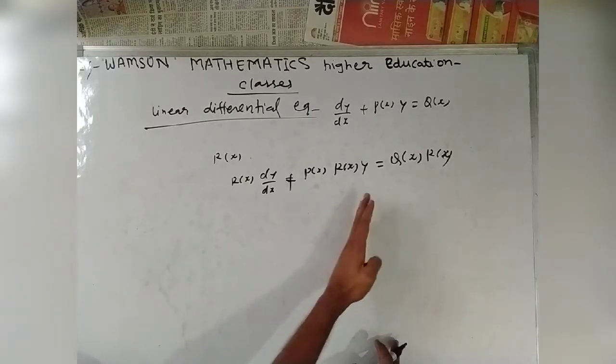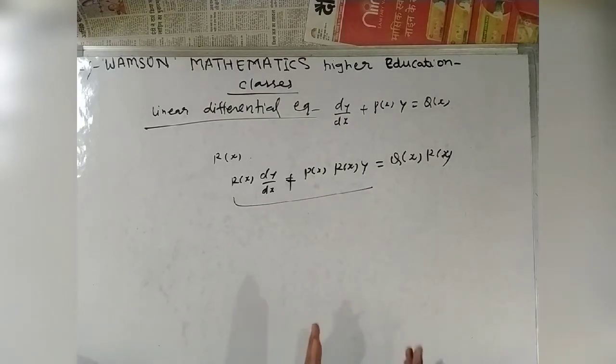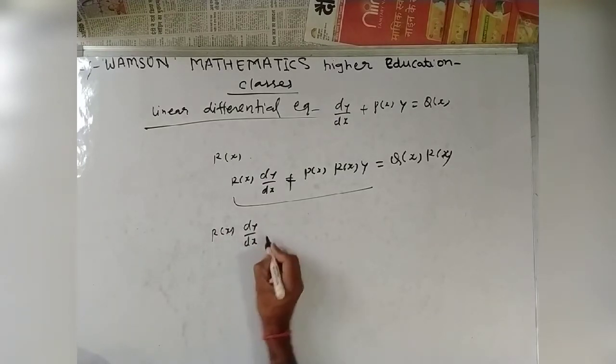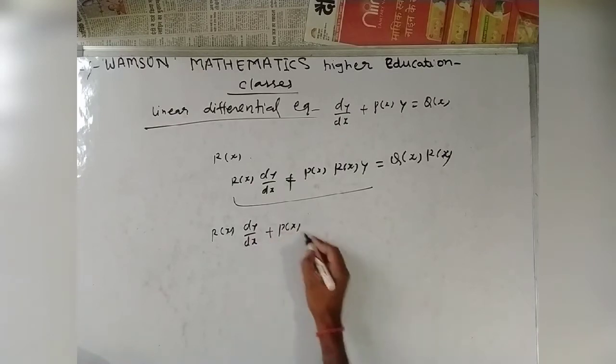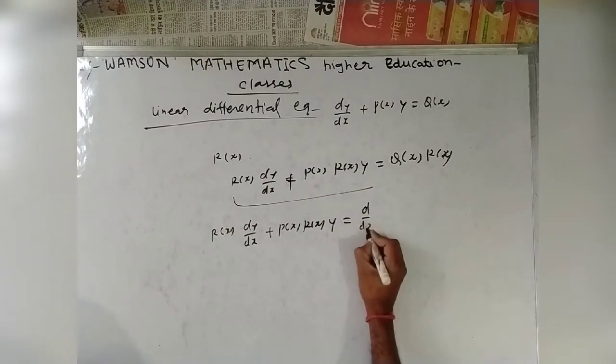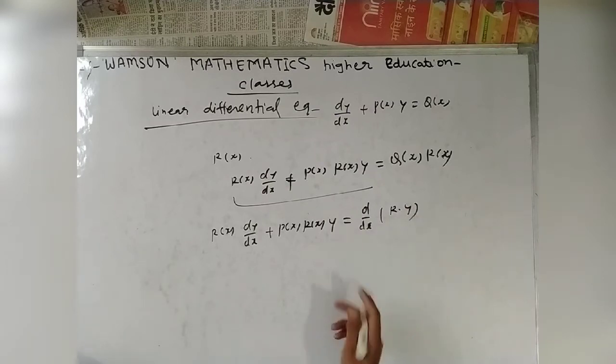Now the left side of this expression is nothing but the differential coefficient of a product of another term. So let me write here: r of x dy by dx plus p of x r of x y is equal to the derivative of r into y.